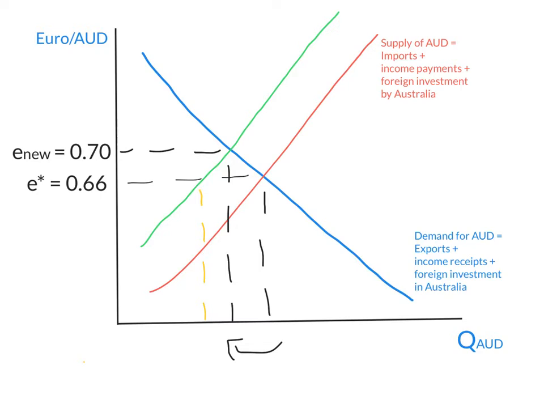But also, as the exchange rate has gone up, the amount of Australian dollars that people would like to supply has also gone up. In other words, we've moved up this green supply curve, the supply curve after the buy local campaign has been put in place. So to understand the effect of a buy local campaign, we need to understand all of these changes.